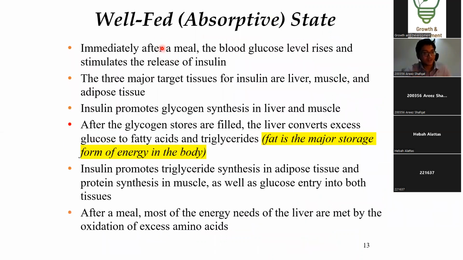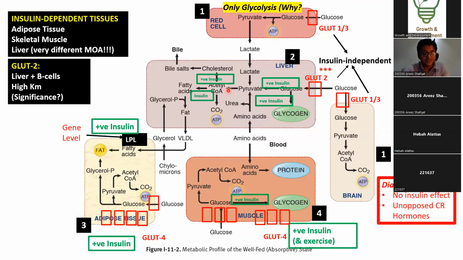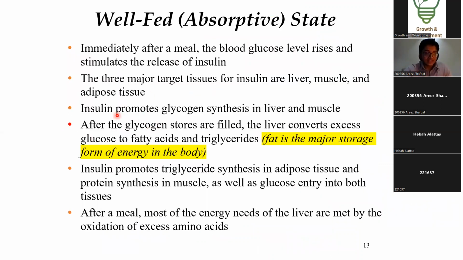This is basically all of what I've said in words. This is what Dr. Hannah wrote. Immediately after a meal, the blood glucose levels rise, i.e. you're well fed. That means insulin is released. Insulin targets the liver, the muscle, and the adipocyte, as we said. Insulin causes glycogen synthesis in the liver, but when the capacity for glycogen is full, then you make that extra glucose into triglycerides, and those triglycerides are packaged in VLDLs sent to the adipose tissue.